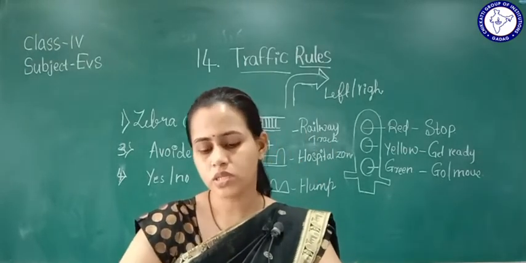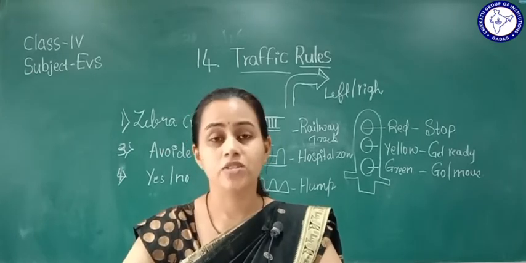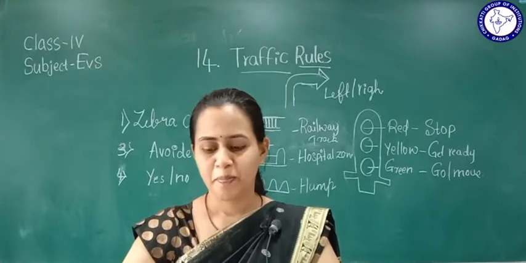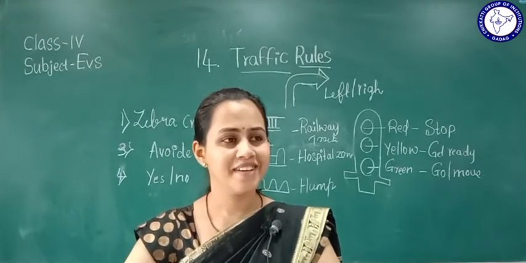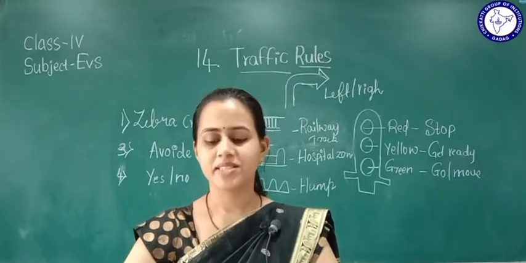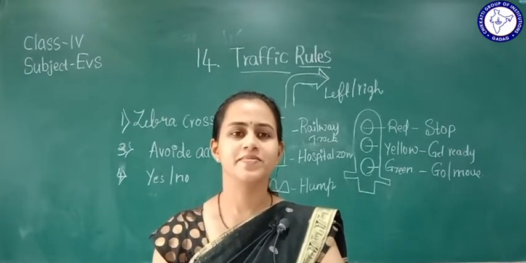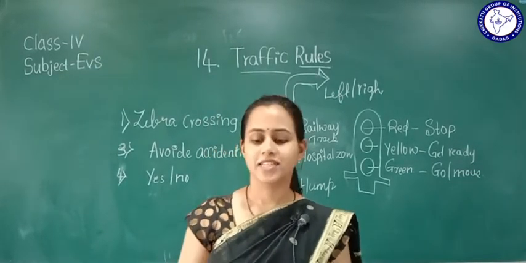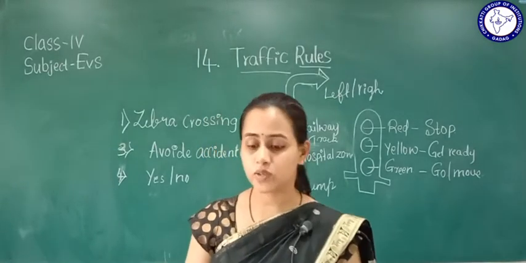The rules that help us to travel safely are called traffic rules. The traffic signals and signboards are displayed by the side of the road for our safety. So here, write 2 advantages of following the traffic rules, right?